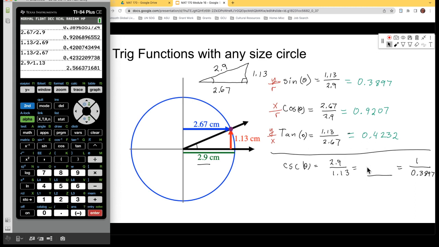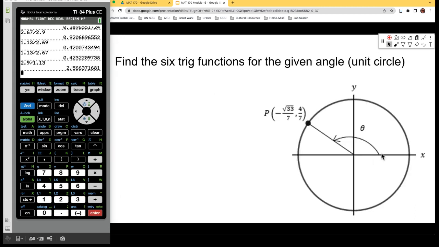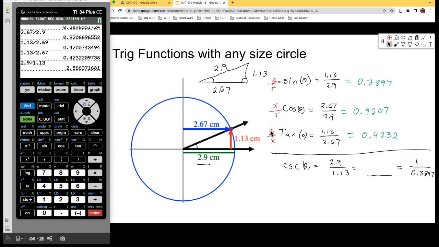Okay, and so we get 2.5664 to 4 decimal places. Okay, and I won't do all of these, but let's see the secant, which is the reciprocal of the cosine.